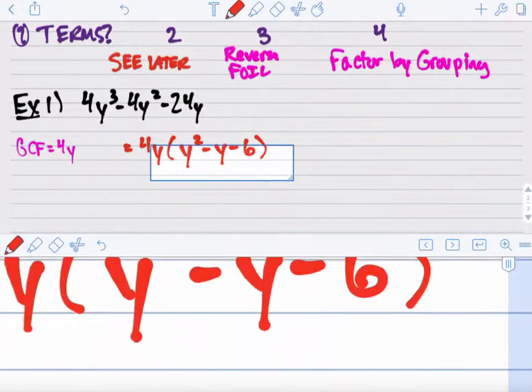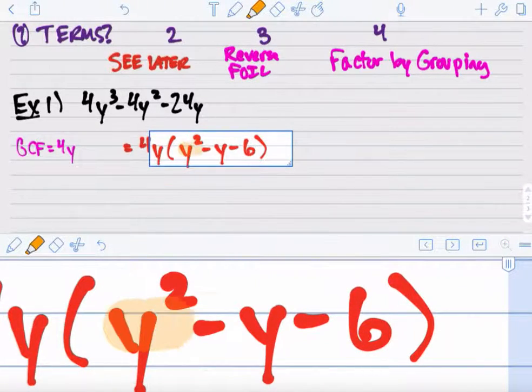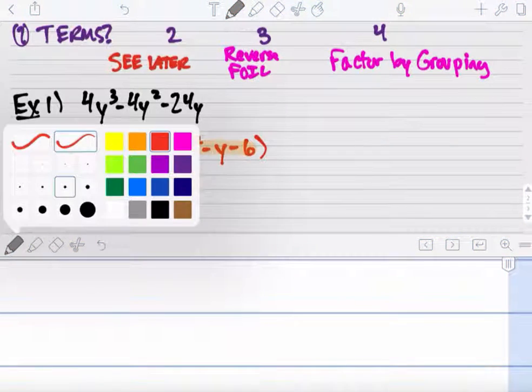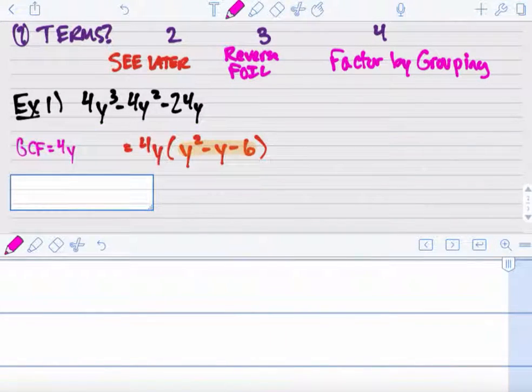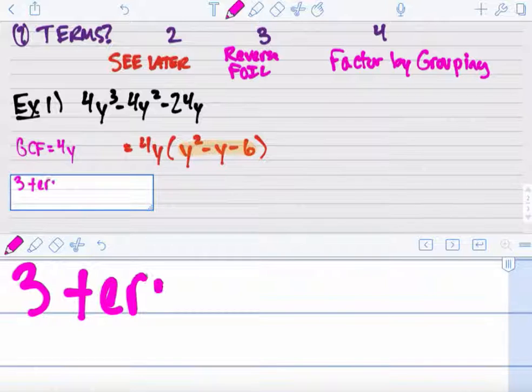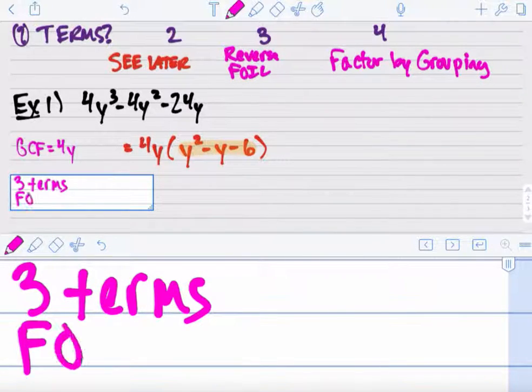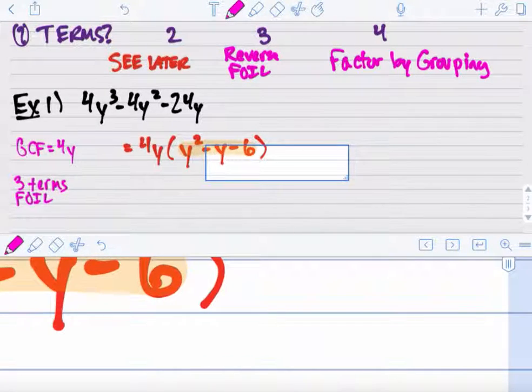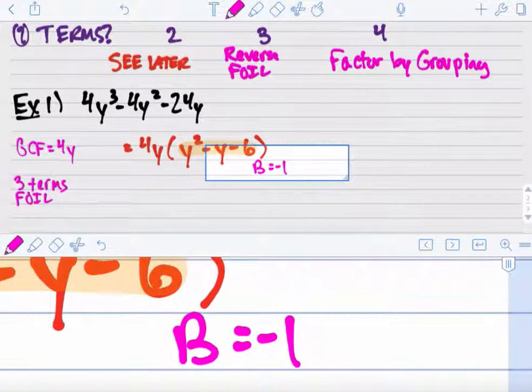Now I'm looking at this piece right here. I have 3 terms, which means I need to reverse FOIL. So b is equal to -1, c is equal to -6.